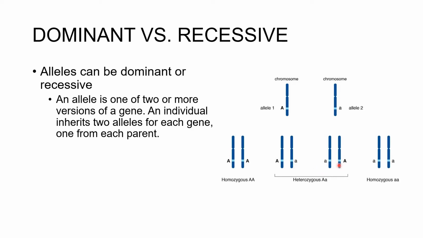I will explain later. Basta ang tandaan is when we say allele, one of two or more versions of a gene. Yung allele na yun, nakukuha yung isa from the mother and yung isa from the father.